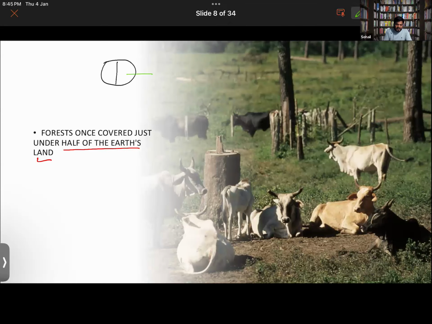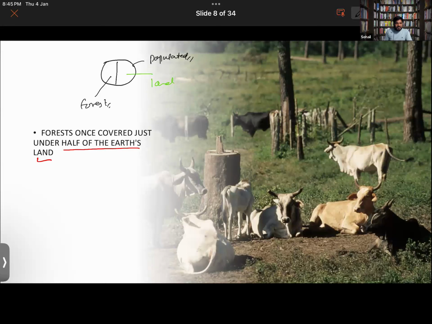Say this much of land is populated by humans nowadays, and this much of land is at present occupied by forest.